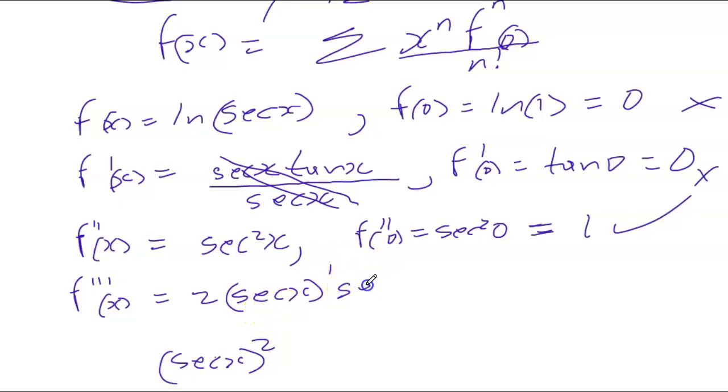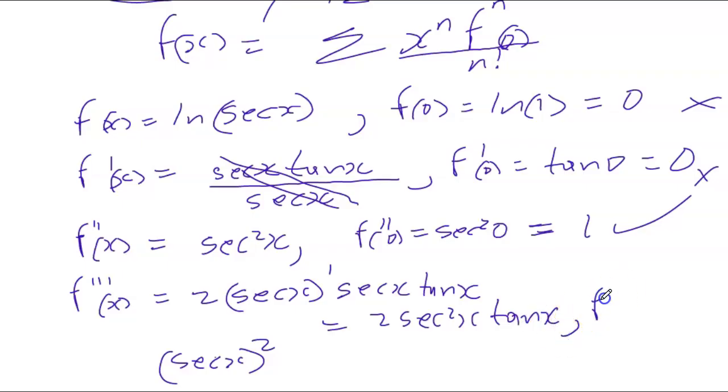You get sec x tan x. If we simplify this, that's 2 sec square x tan x. And if you evaluate the third derivative at 0, we know tan 0 is 0. So 0 times anything is 0, so that will be 0.